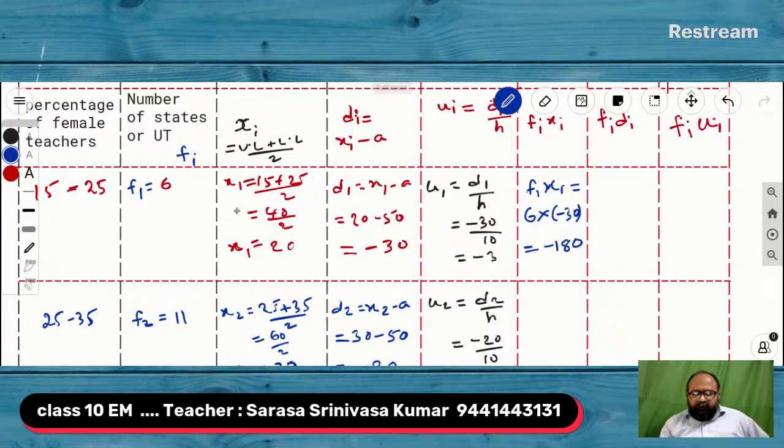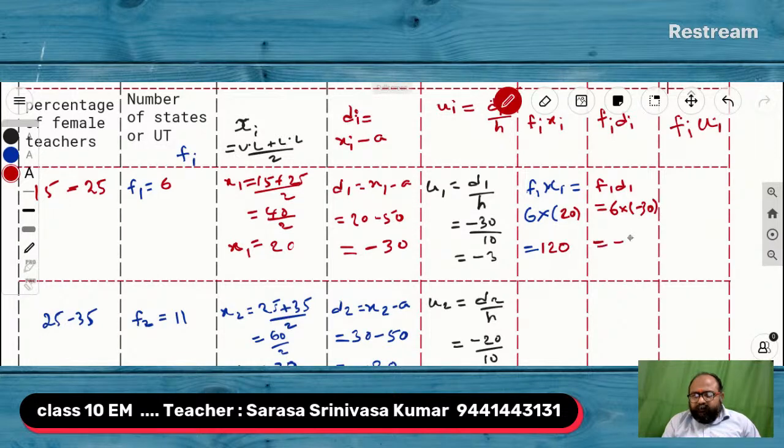Now we calculate F1 d1. This is equal to F1 is 6 multiplied by d1, which is minus 30.